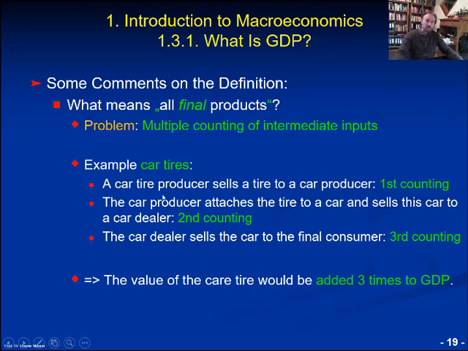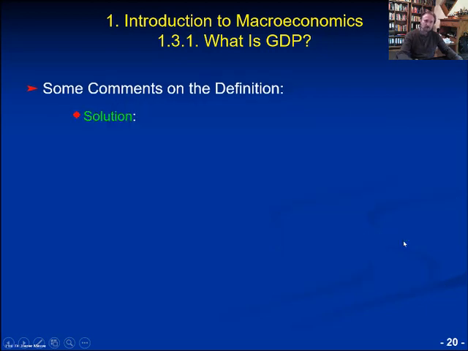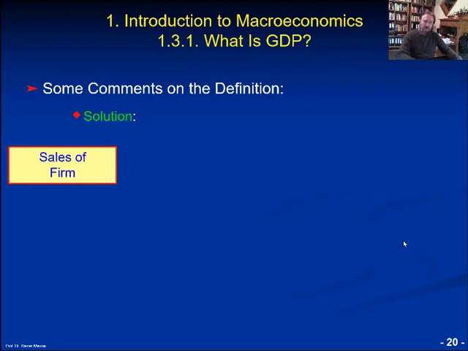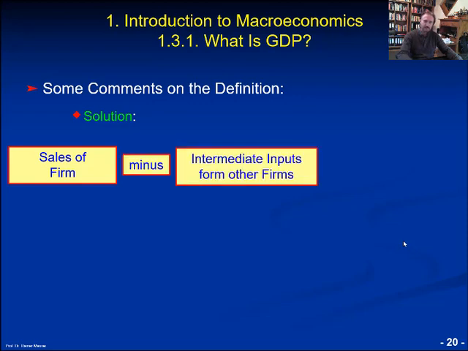So if we simply add up the sales of these three economic agents, the tire producer, the car producer and the car dealer, the value of the car tire would be added 3 times to GDP, which would of course make no sense. How can we solve this problem? Well, there's a quite simple and straightforward solution. We take the sales of every firm and subtract from these sales the intermediate input this firm has received from other firms.